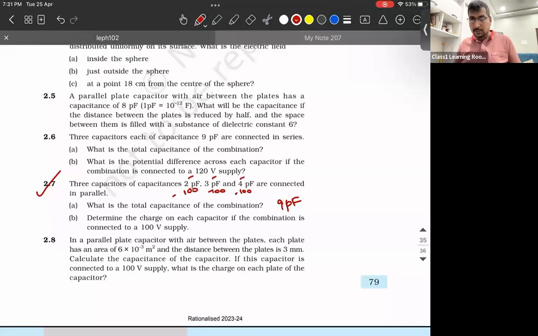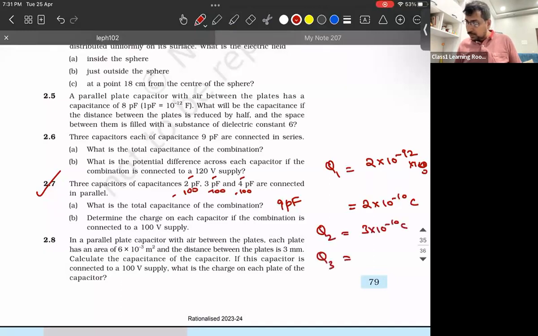So what is going to happen to the charges? We know that Q is equal to CV. So charge on the first capacitor will be 2 into 10 power minus 12, pico is 10 power minus 12, into 100. So that is going to be 2 into 10 power minus 10 coulomb. Q2 will be 3 into 10 power minus 10 coulomb, and Q3 will be 4 into 10 power minus 10 coulomb.